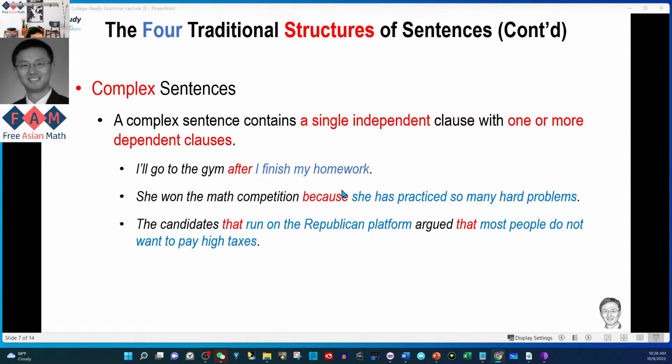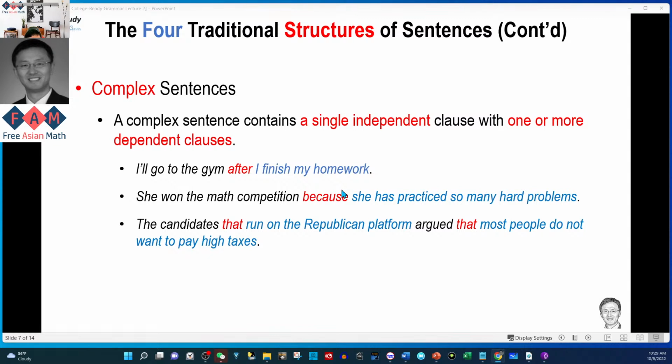Just like a tree, you don't look at rows of branches or leaves, you want to look at the trunk. You look at the main thing of an otherwise complicated sentence. So where is the main clause? The main clause is that the candidates argued something.